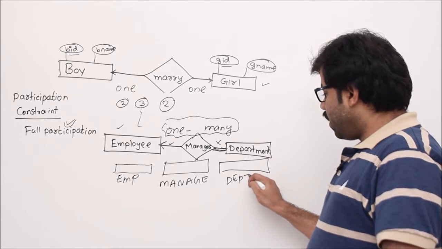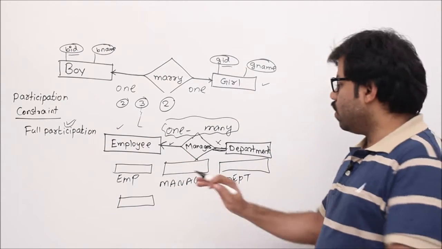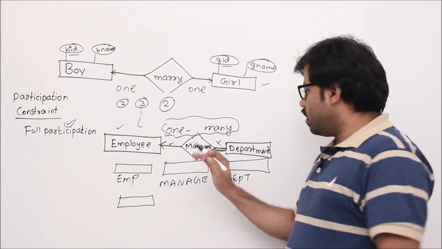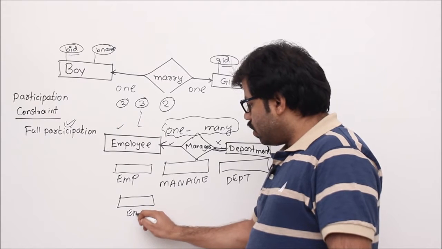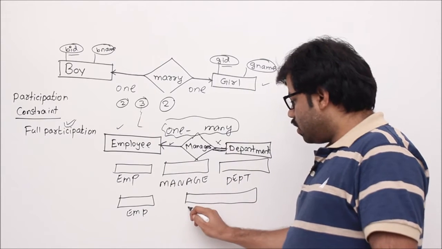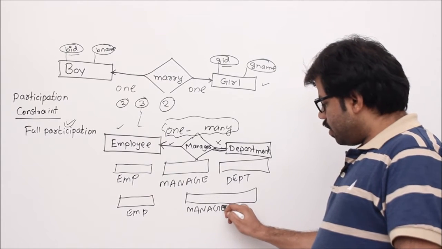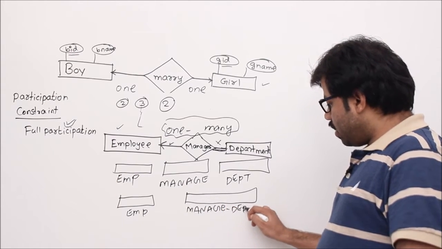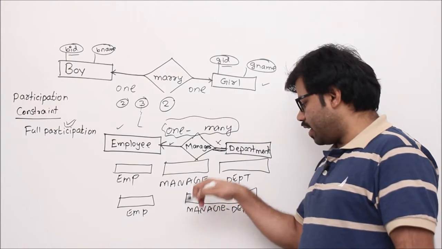Now we can do one more thing, that is we can move the relationship table to the many side. This is the many side, the department side. That's why we can move manage to department. Then you will form another table, let's say, manage department. It's a combination, I can say. We are having data of departments and the relationship manage.